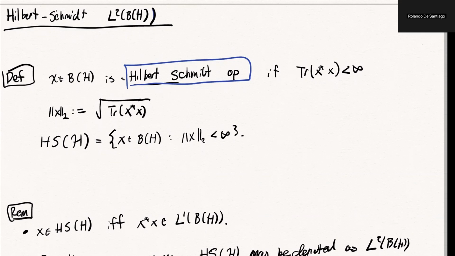We're going to define the 2 norm of that operator to be the square root of the previous value we computed. We'll collect all of those with a finite 2 norm into one collection, and these will be our Hilbert-Schmidt operators.